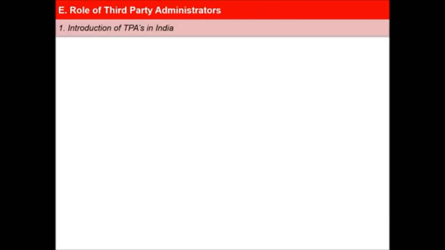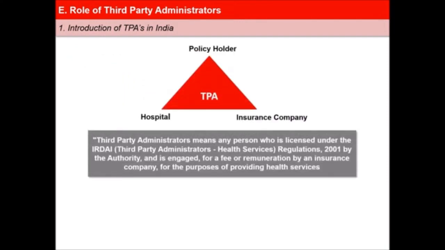As per the regulations, third-party administrators or TPA means any person who is licensed under the IRDA Third-Party Administrators Health Services Regulations 2001 by the authority and is engaged for a fee or remuneration by an insurance company for the purposes of providing health services.